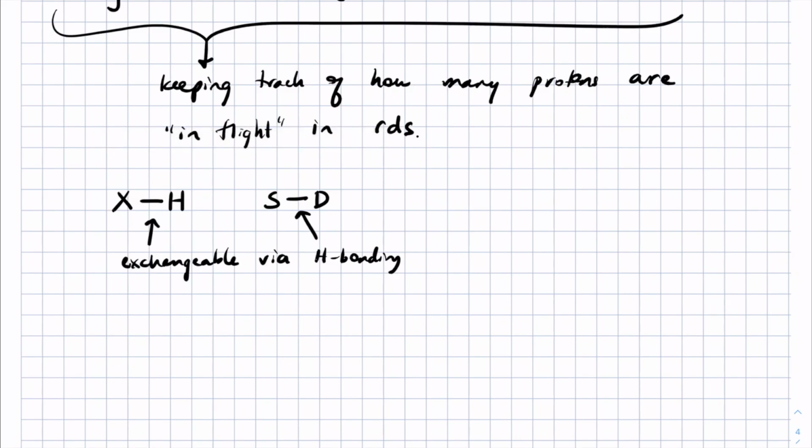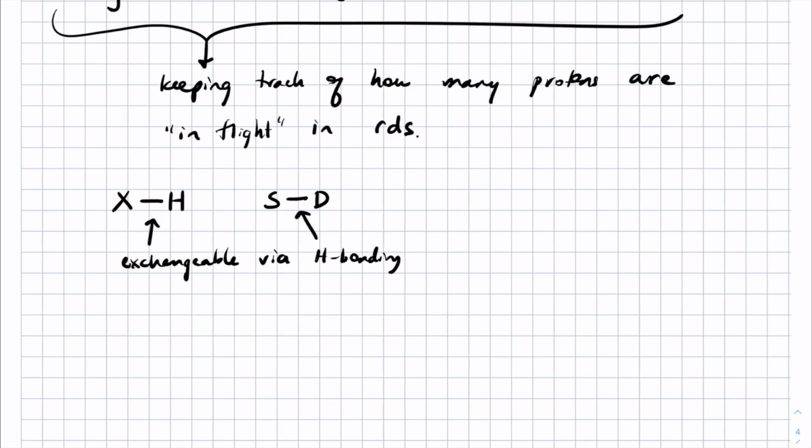For example, if you have a molecule with an alcohol and you do an NMR experiment in D2O, you don't see the proton on the alcohol because it's been replaced by deuterium. So it's that kind of exchange reaction we're thinking about.